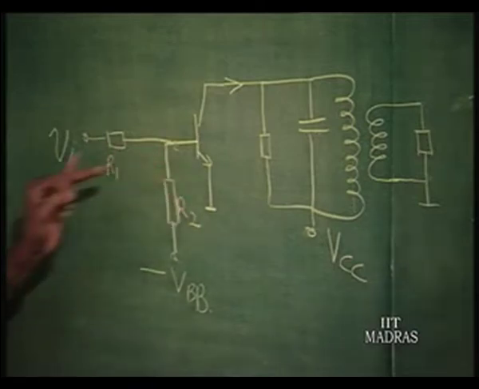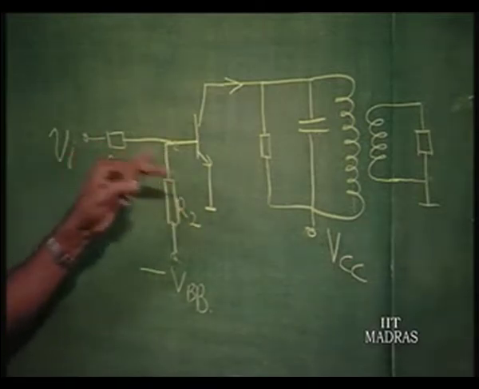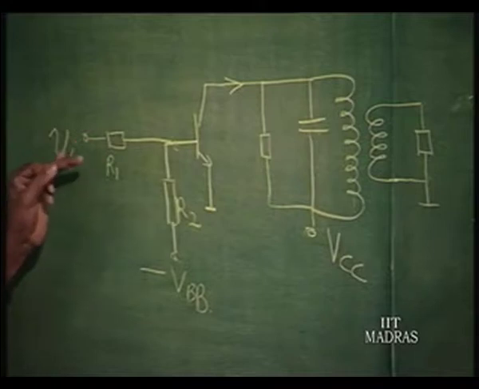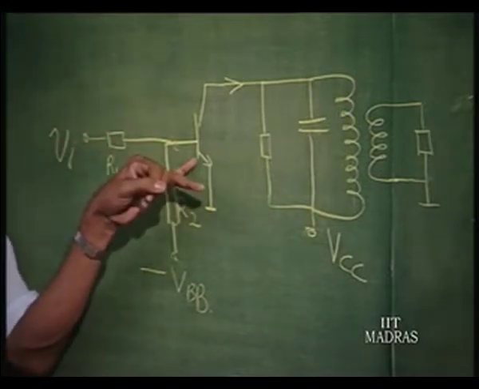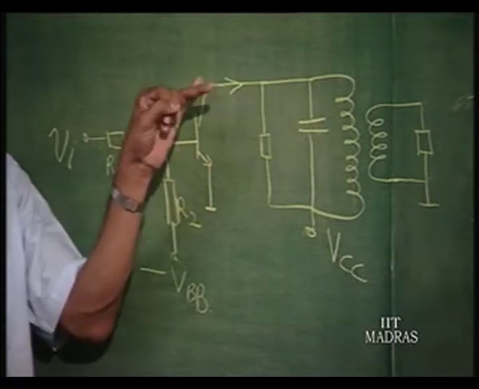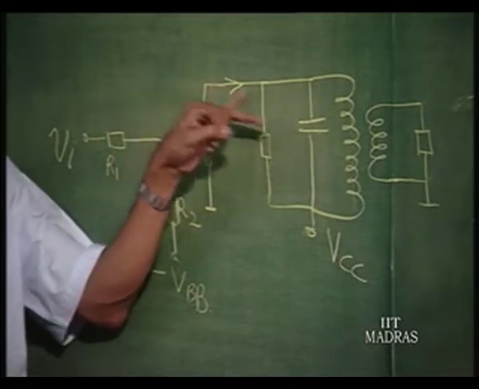The moment it conducts, there is going to be a signal current injected, which is made to flow into the transistor base, and base current times beta is the collector current.